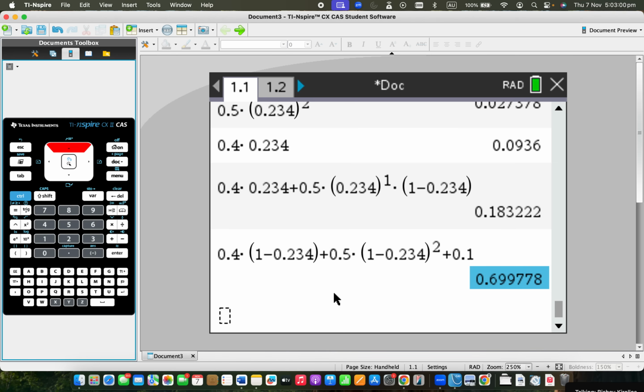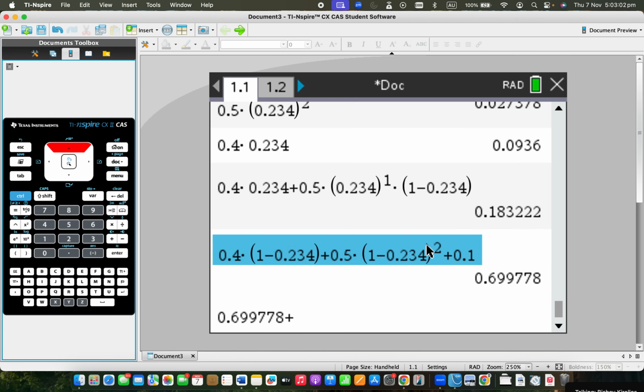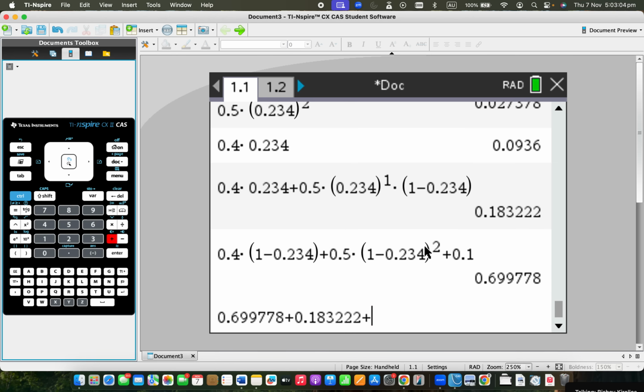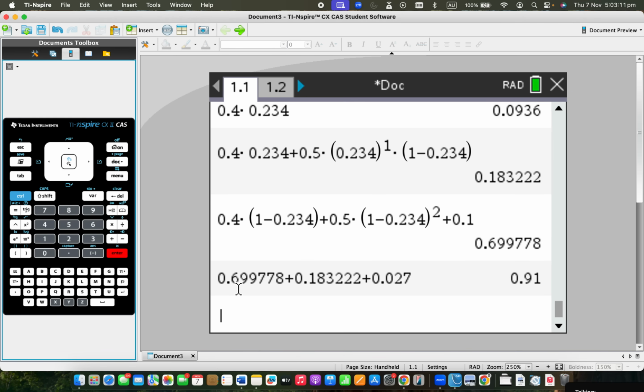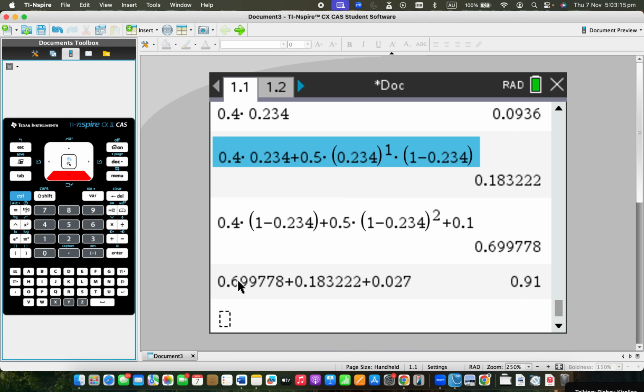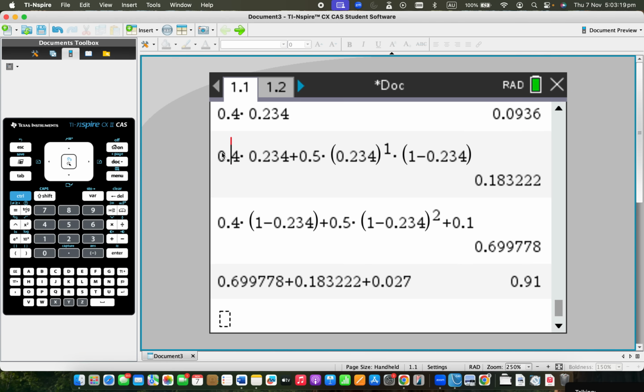And let's see if these add up to 1. So that plus 0.027. No, so I'm missing something. So for the people that check in this piece of luggage, that's one piece of luggage, and that's times 0.234 to the power of 1.